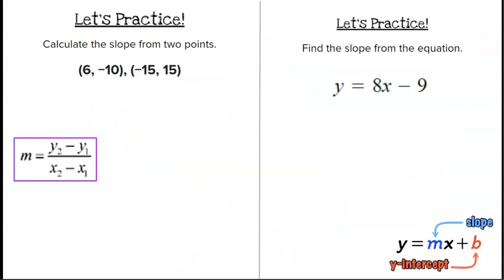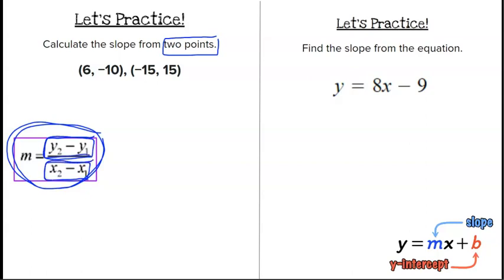All right, 2 more representations and then we are done. We have calculate the slope from 2 points. So when we are given 2 coordinate points, we can calculate the slope using what is called the slope formula. So in order to calculate this, we're going to subtract our 2 y values, so change in y, and then subtract our 2 x values, change in x.